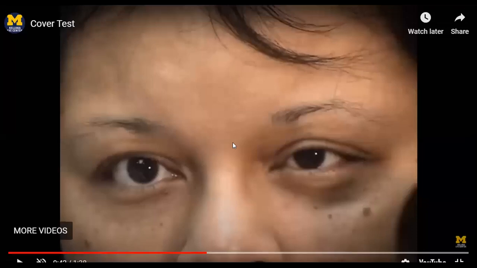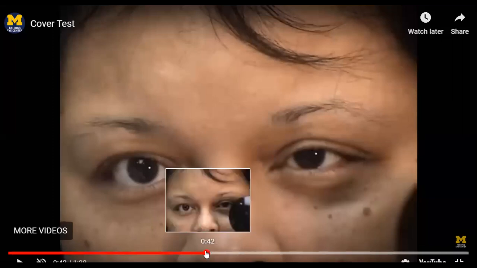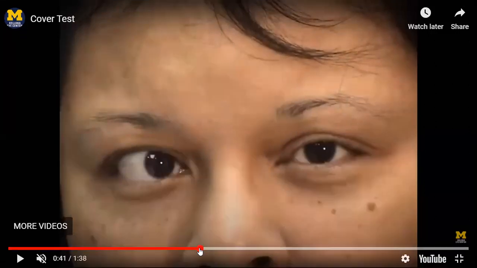Now, when we cover the fixating eye, the left eye deviates, or rather it moves to take up fixation. That is what happened in this case, in this image. The left eye has moved to take fixation. However, as soon as we remove the cover from the right eye, fixation was transferred to the normal eye.